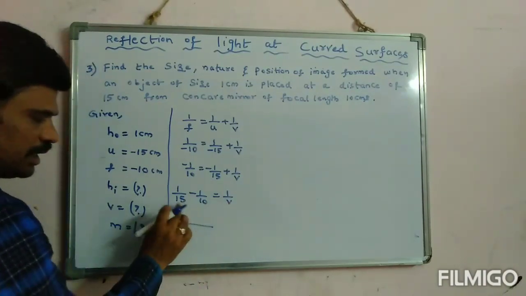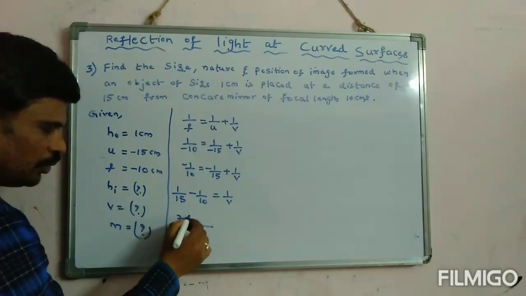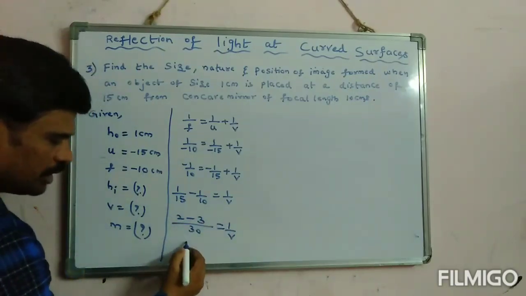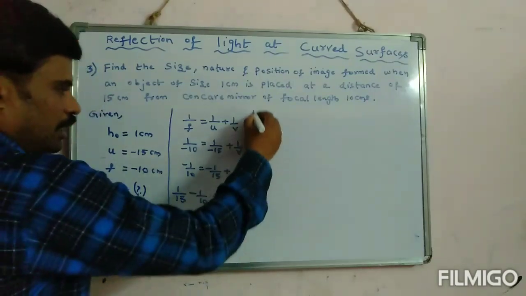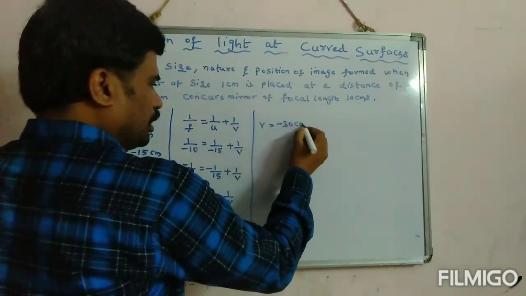If I take the LCM for 15 and 10, the LCM is 30. 15 twos are 30, 10 threes are 30. So (2 - 3)/30 = 1/v, that is -1/30 = 1/v. If I reverse, you will get v = -30 centimeters.